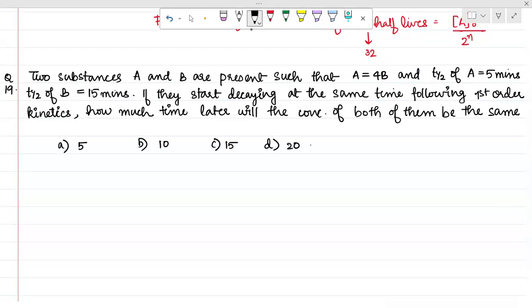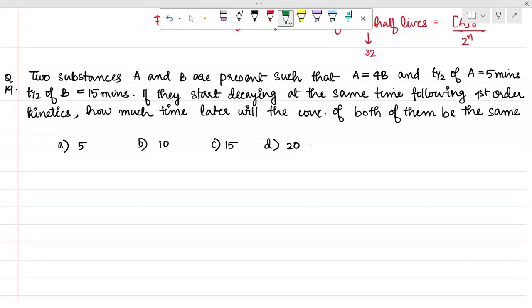Okay. So let's start with what is given in the question. Read the question very well. There are two substances out of which the concentration of A is 4 times that of B. Now, we don't know the concentration, just assume it to be 100, 400, whatever it is, okay?